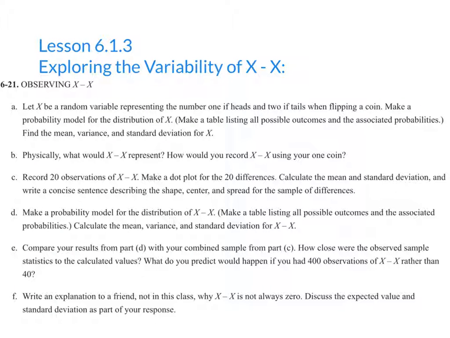In Lesson 6.1.3, students see via a coin tossing activity that while the expected value of x minus x does equal 0, the variance and standard deviation of x minus x is actually greater than just x.